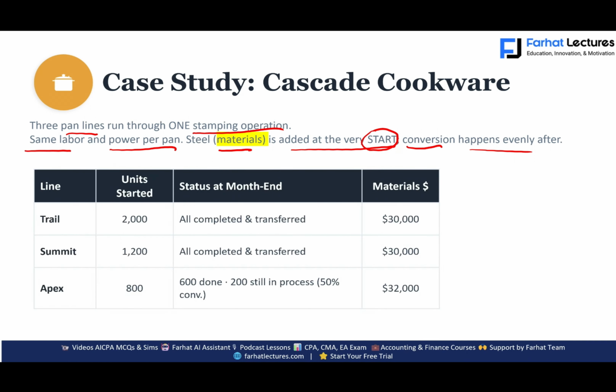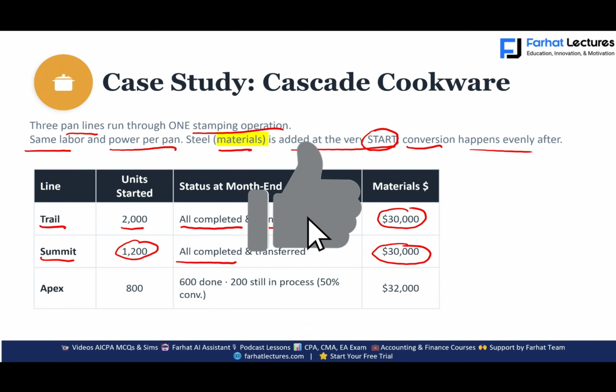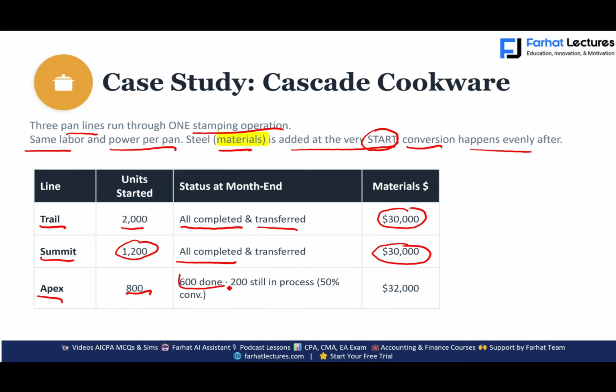And here's what we have. We have the 3 types. We have the Trail. The units started at 20,000. They completed all of them by the end of the month and transferred them. The material is 30,000. Summit, they started 1,200. They completed all and they also spent 30,000. Apex, the 3rd type, they started 800. They have 600 done.